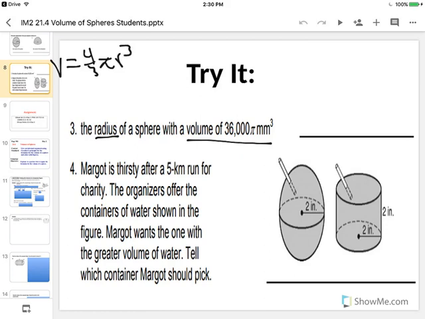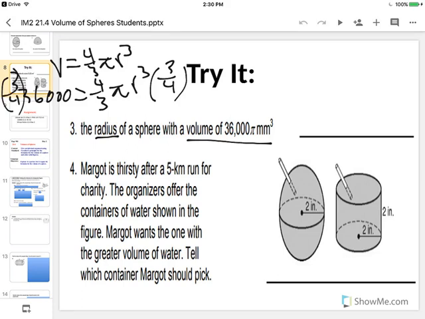To solve for it, we need to use the reciprocal, so times 3/4 on both sides. This reduces to 1, so we have pi r cubed equals 27,000, and then divide by pi.